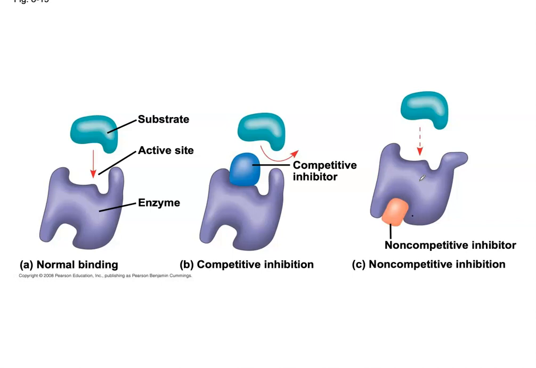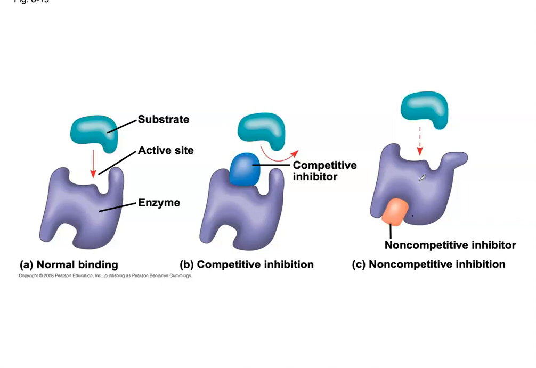This allosteric site does not always have to be something detrimental that's going to kill you. It's sometimes used by the body for regulation. If there is no need for an enzyme to be functioning, the body can create an inactive form of that enzyme by locking it at the allosteric site and changing its conformation.